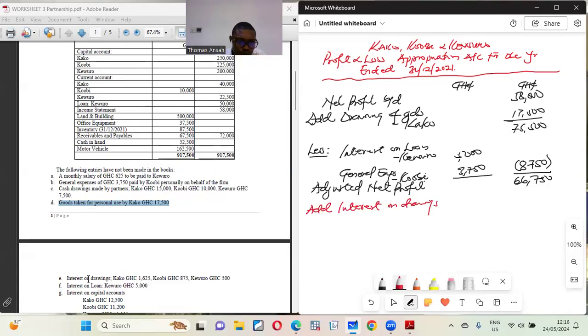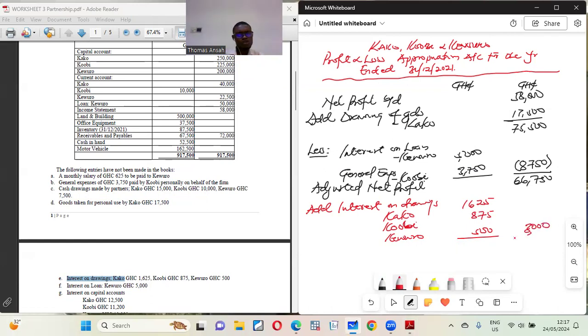So interest on drawings, we are told that all of them did: Kako, Kobe, then Keru, interesting names, right? So we have 1,625, we have 875, then we have 500. This put together is definitely 3,000. So that is what we have.